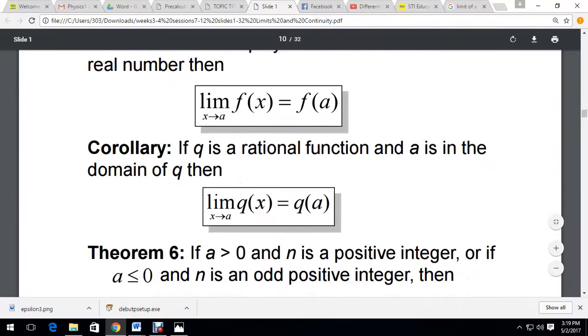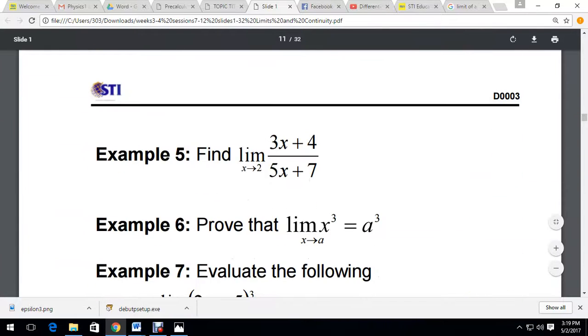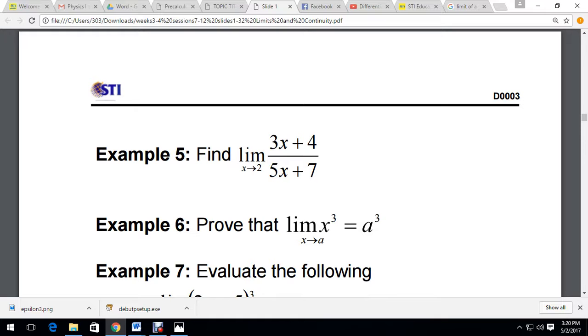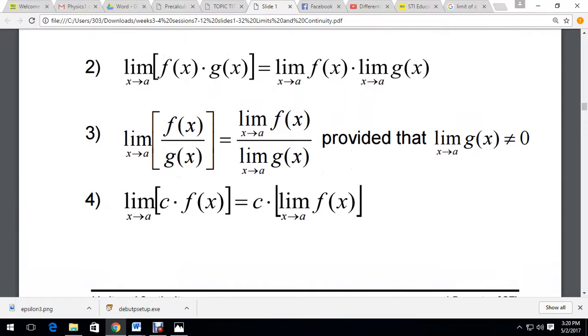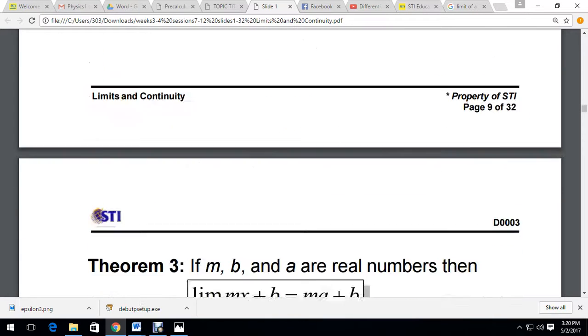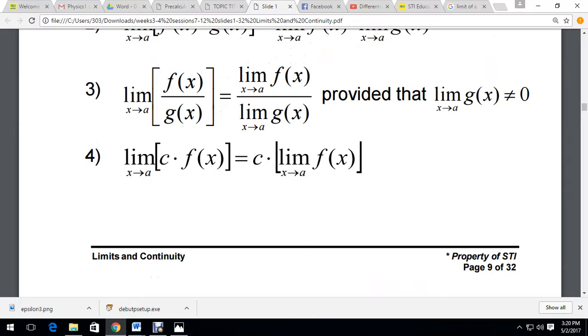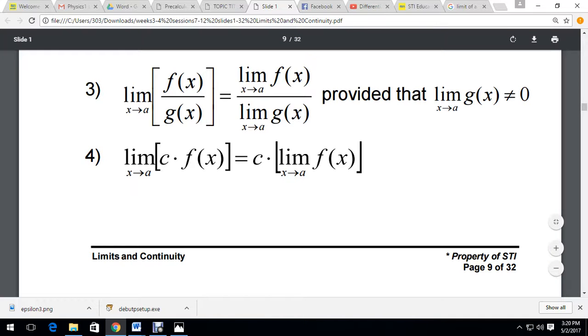That means 5x plus 7 should not be equal to 0. Since this is in quotient form, we are going to apply number 3 here. Number 3 suggests that the limit of the quotient of the two functions is equal to the quotient of the limits of the two functions.